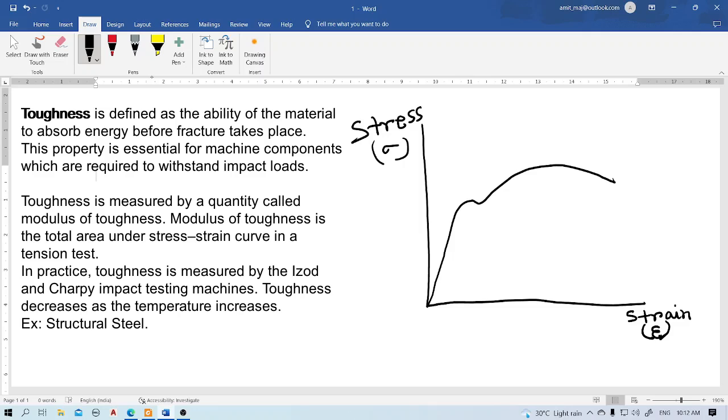We all know there is a proportional limit, then elastic limit. Suppose this is the elastic limit. This is the ultimate stress point and this is the fracture point.